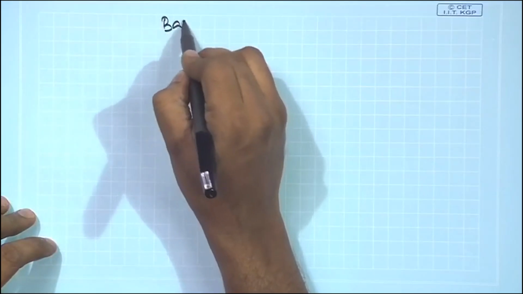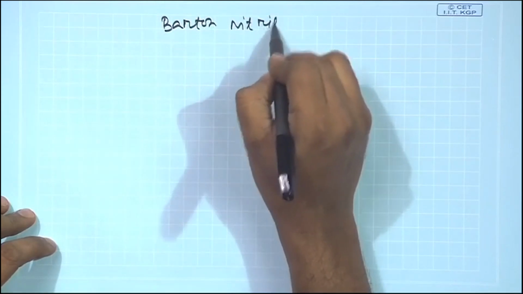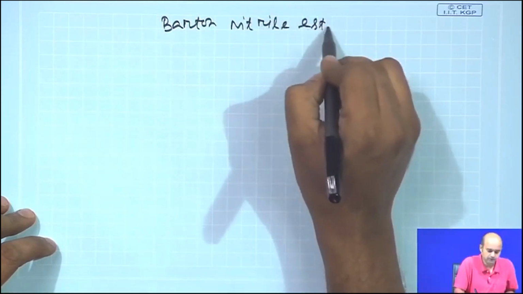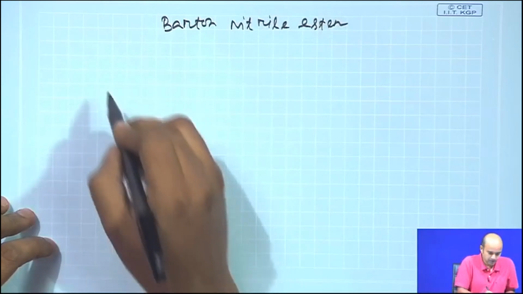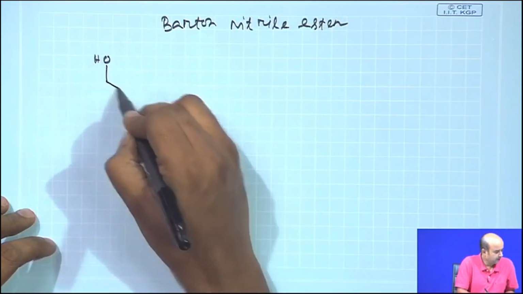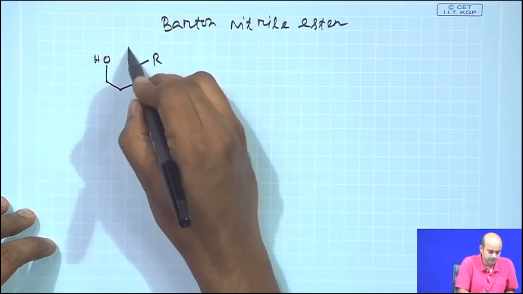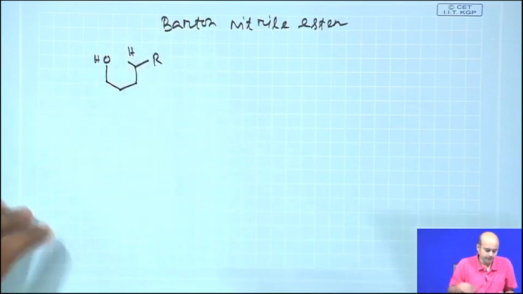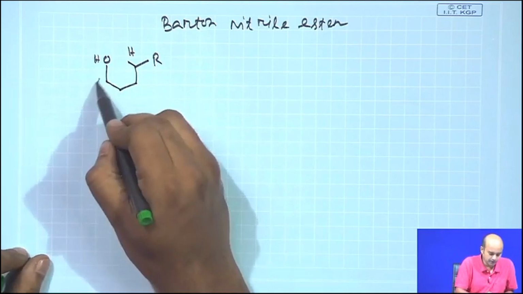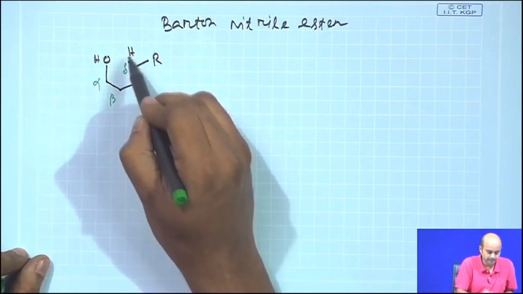So, now try to analyze what the Barton nitrite ester photolysis is. We will have a starting material alcohol something like this, and if you analyze the alcohol, it has alpha, beta, gamma, and this hydrogen is delta.